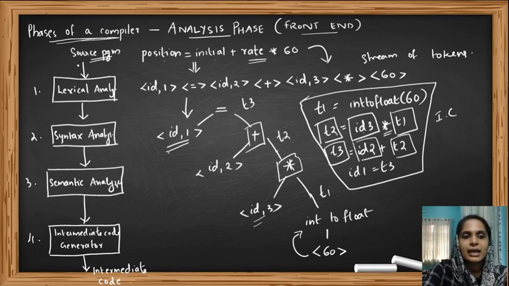Remember, the analysis phase starts with the lexical analyzer, and to the lexical analyzer we will be giving the source program, that is the stream of characters, as input, and the lexical analyzer will convert this stream of characters to a stream of tokens. So here you can see the stream of tokens, and then this stream of tokens will be fed to the syntax analyzer.